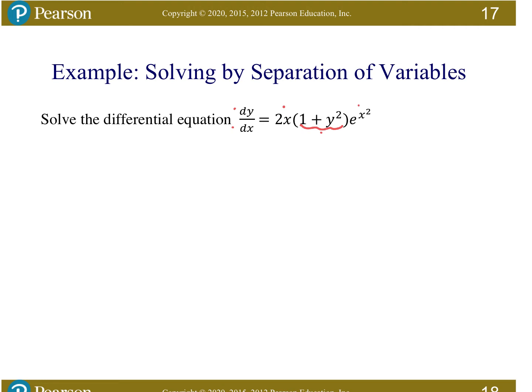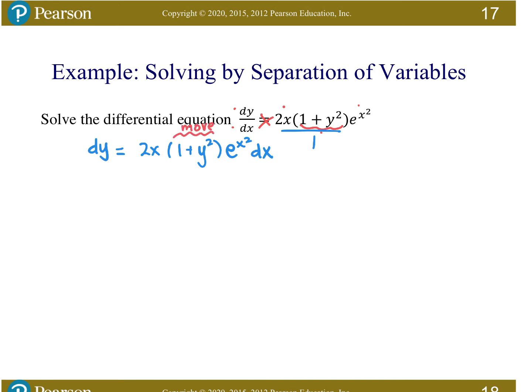Let's drop a 1 and then try the cross multiplication. All right, that gives me dy equals 2x times 1 plus y squared e to the x squared and then dx on the end. And so this is the part here I want to move.